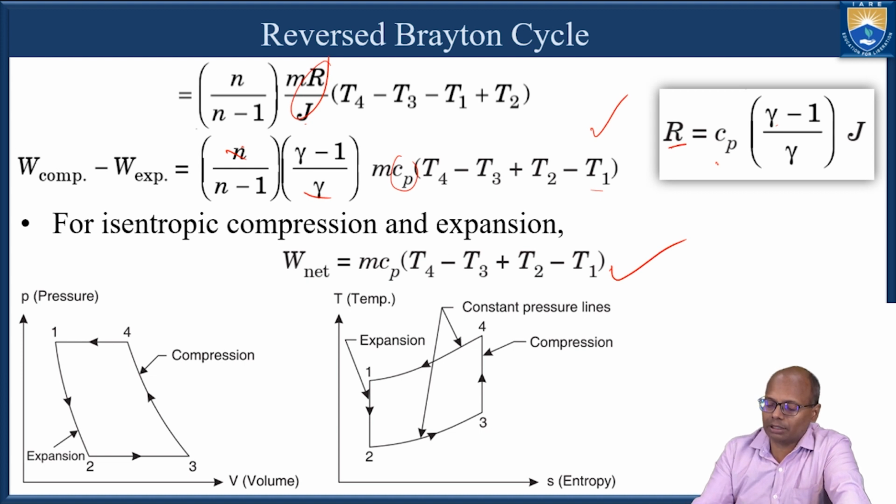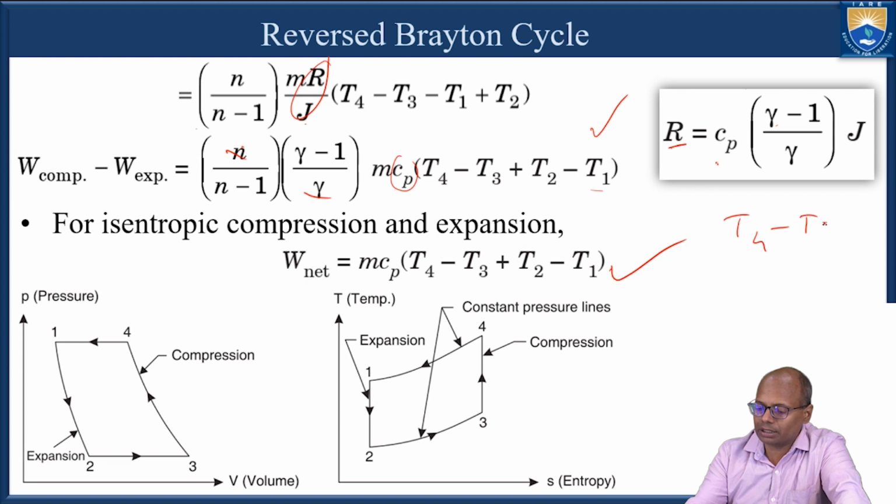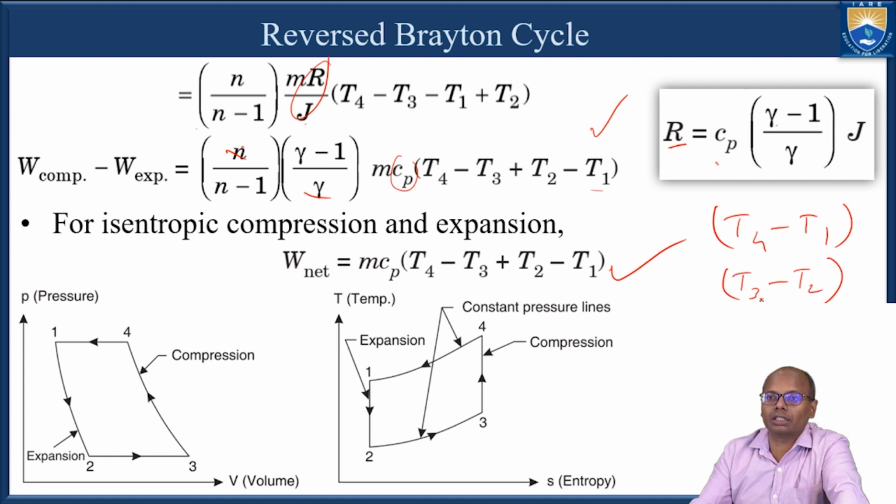So the temperatures, T4 minus T1, this is heat rejected, and T3 minus T2, that is the heat absorbed in the refrigerator. So this minus this will give the net work.